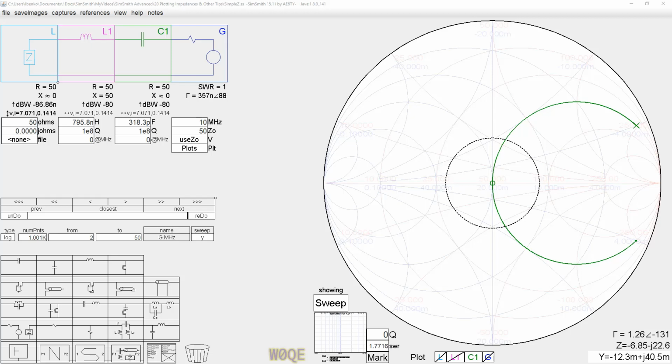SimSmith already provides an easy method to plot impedances on a square chart, but we should discuss whether or not this makes sense to even do. The Smith chart was originally developed to graphically solve common RF problems, and the graphical output can aid greatly in understanding the problem.